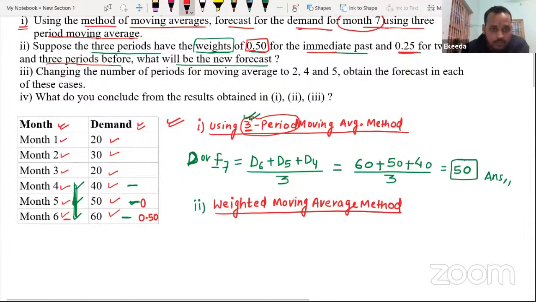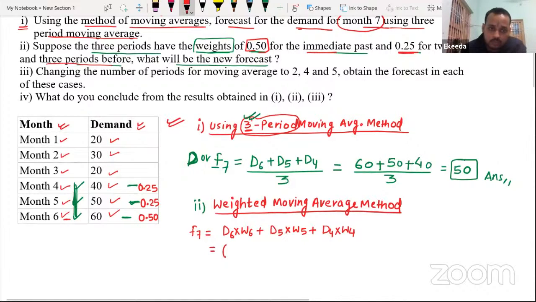For the fifth month the weight is 0.25, and for the fourth month also 0.25. They are asking to find the forecast for the seventh month. According to the weighted moving average method, we multiply the demand by the weight: d6 into w6, plus d5 into w5, plus d4 into w4. You multiply the demand data with the weight and take the summation.